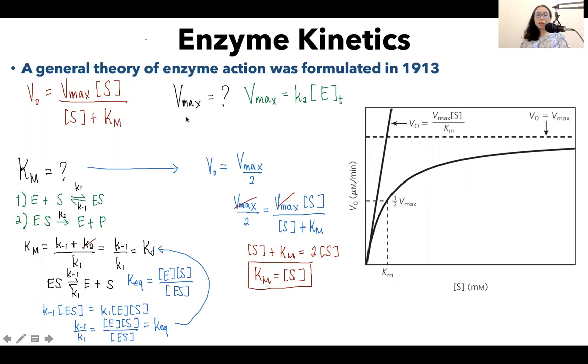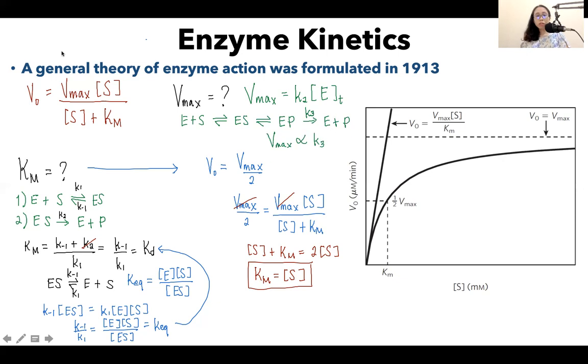Now, if the enzyme follows a different mechanism, for example, you have the first step, which is the formation of the enzyme substrate complex, your second step is the formation of the enzyme product complex, and then the third step is the release of the product from the enzyme, and this is your rate determining step, then your Vmax should be a value that is dependent on the rate constant for the slow step.